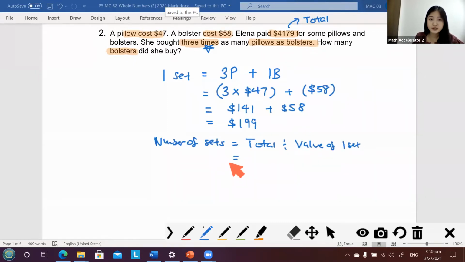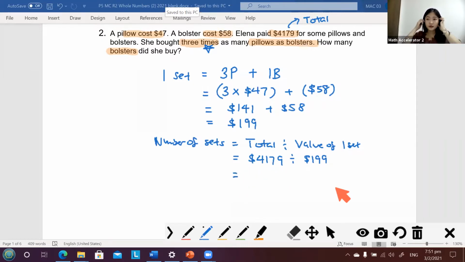Because we're trying to find out how many $199 are there inside the $4,179. So we take our total, which we labelled here already. This is our 4179 divided by the value of one set. We're finding out how many 199 are there in the 4179.